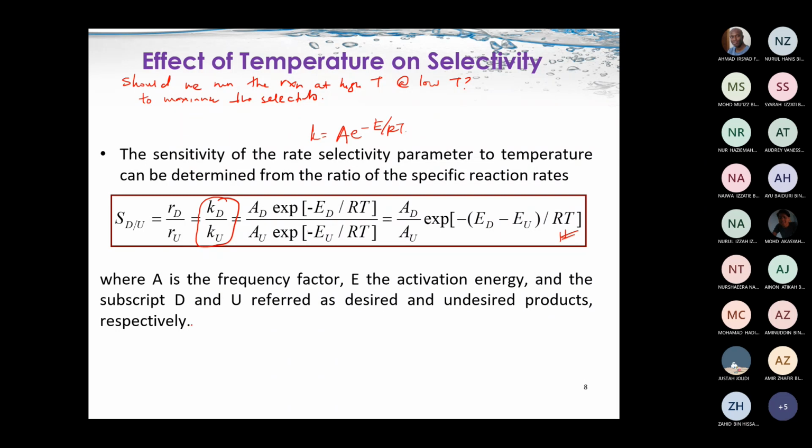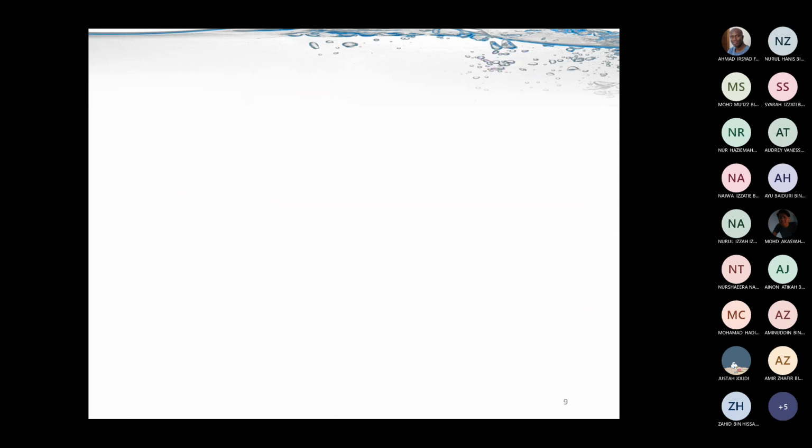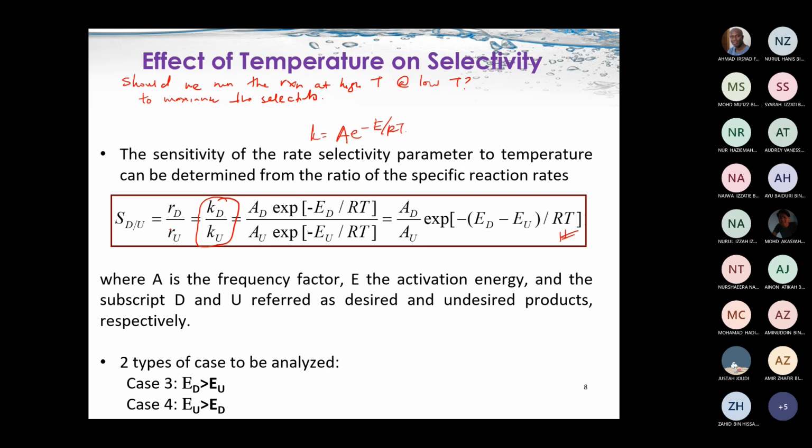Alright, so here we are looking at the case number 3 and 4 pula. Okay, just now case number 1 and 2 is with respect to the concentration. Now we are looking at it in terms of the activation energy. Okay, so case 3 would be E_D is more than E_U. Alright, and we have E_U is more than E_D.